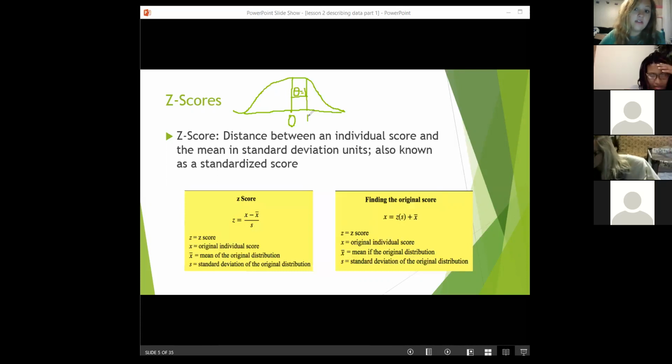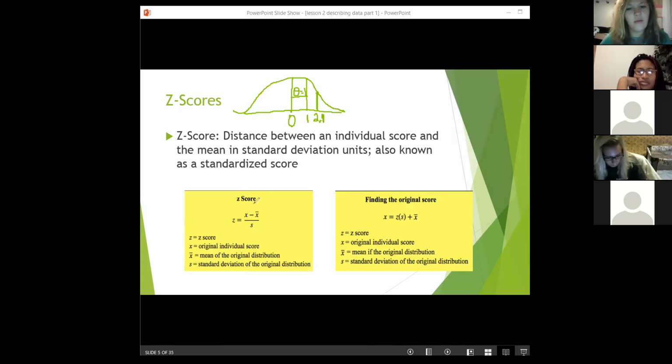This is your normal curve, and your z-score is whatever value, how far away it is from the mean. So let's say over here it's 2.1. For example, that could be a z-score. It's saying that your score is 2.1 standard deviations above the mean. So that's what a z-score describes.